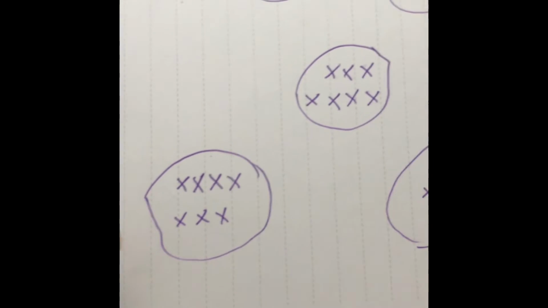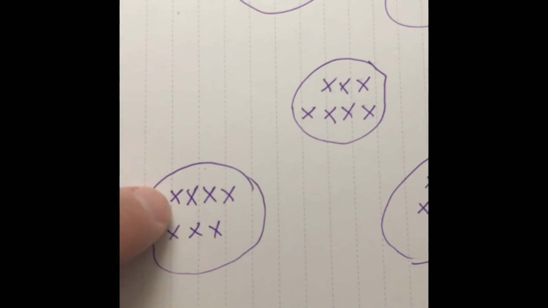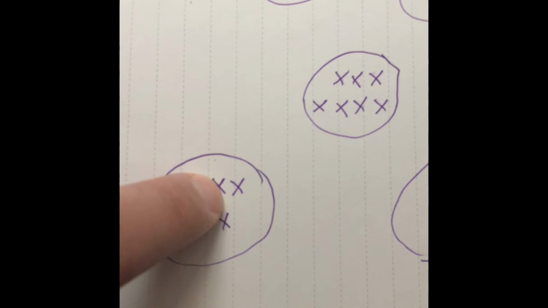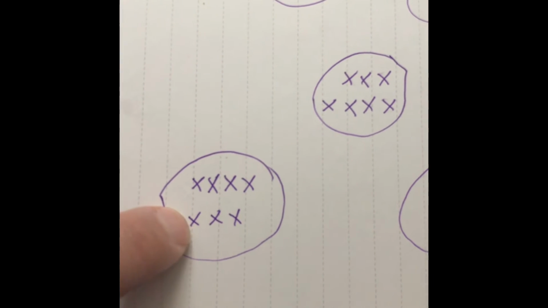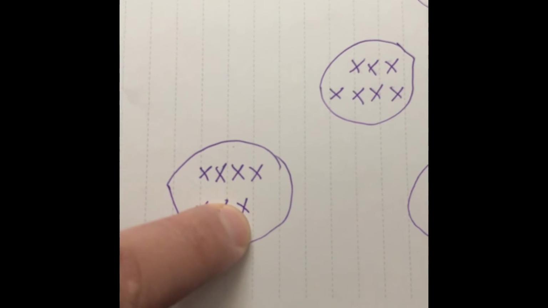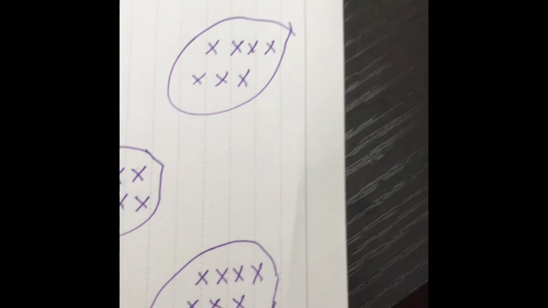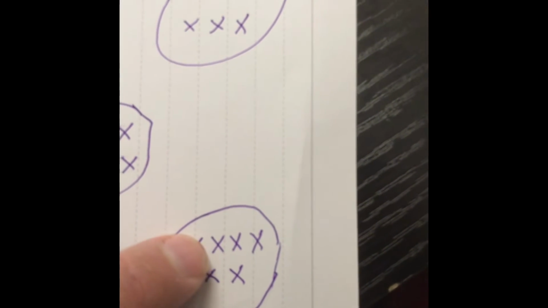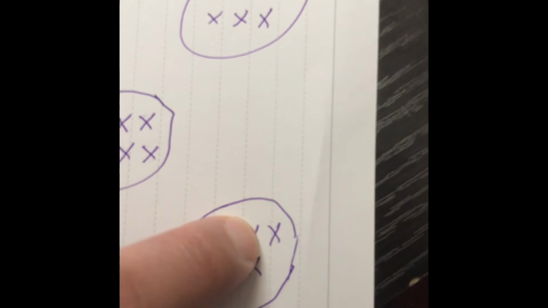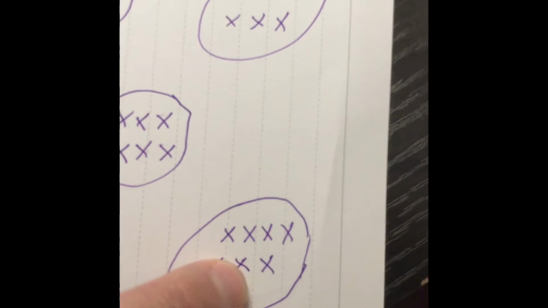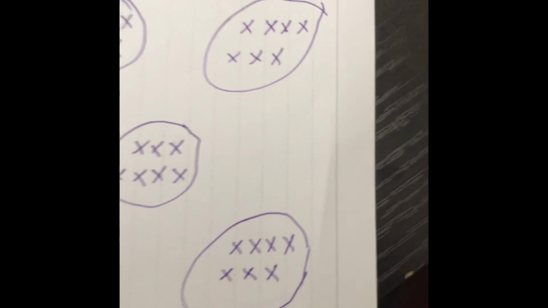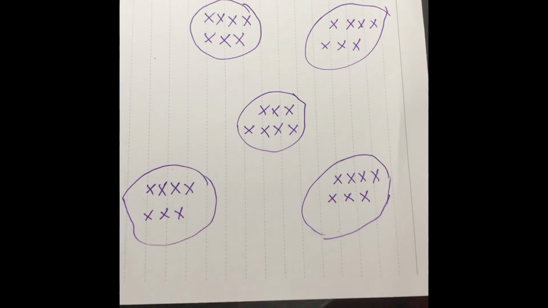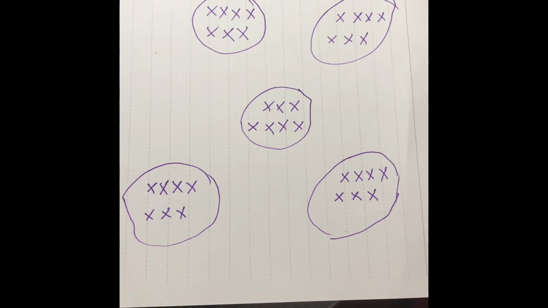Third group. Now group 4. 22, 23, 24, 25, 26, 27, 28. Final group. 29, 30, 31, 32, 33, 34, 35. 5 times 7 equals 35.